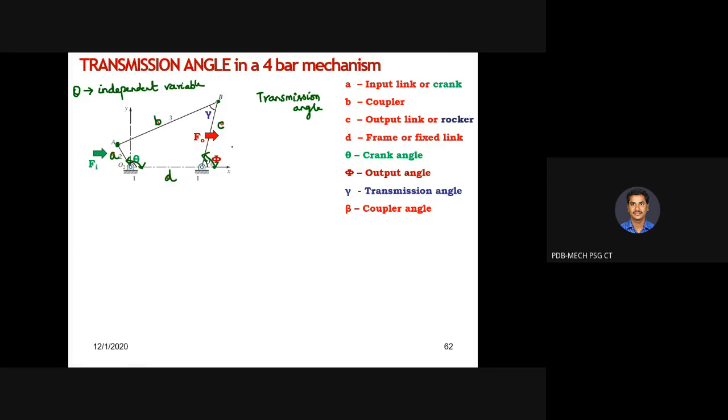In this case, let me have an example. Assume a platform here. You have some cotton boxes which need to be periodically moved from one location to another location. This is the location where your cotton box is sitting. Periodically it needs to be moved to another location with the help of this output link.